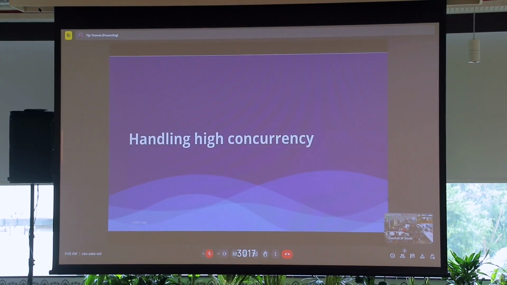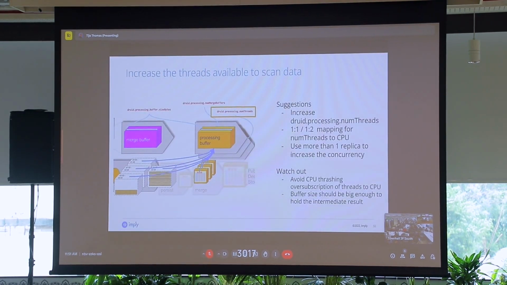Jumping into the high concurrency part. Okay, so how can you increase the threads? Right. As I mentioned earlier, processing num threads is one factor you can think about increasing.